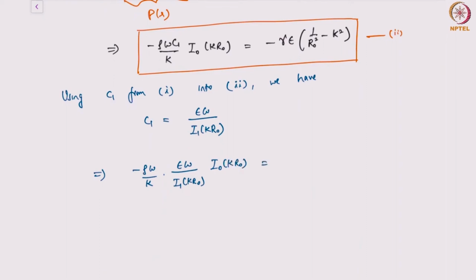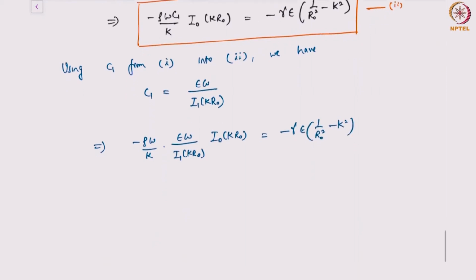This is equal to minus gamma epsilon 1 by R naught square minus K square. Right? So again, epsilon is the amplitude. It does not matter. It should not also matter because ultimately we are dealing with a linear system.